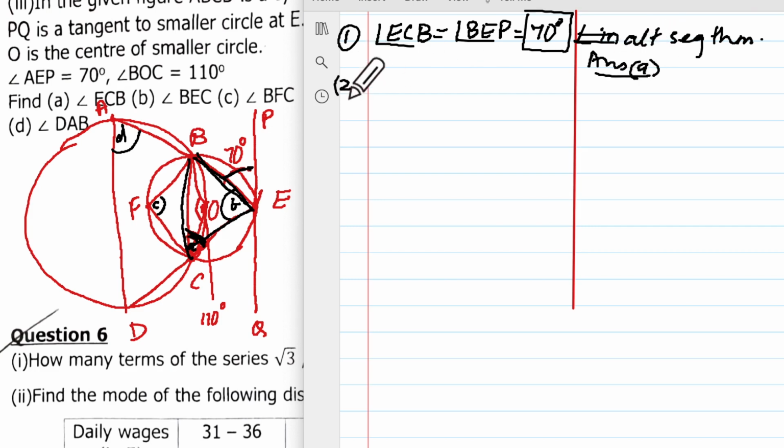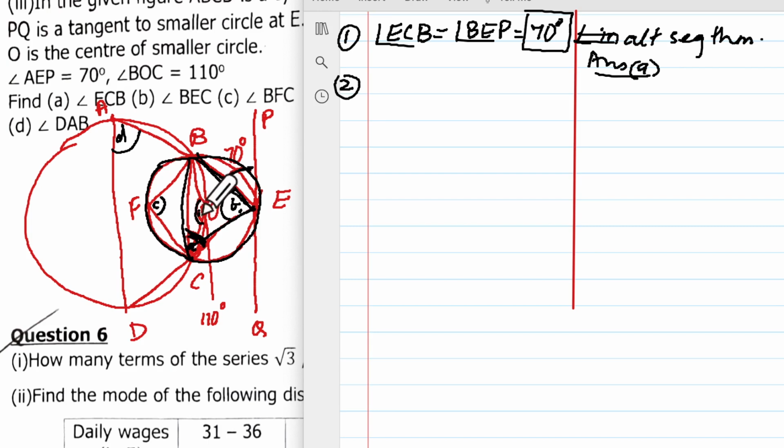We come to the second one. They want B means this. Now this B, can you see in this circle? Can you spot in this circle? This angle B is angle at the circumference, and this is the center O. So this angle and this angle, how are they connected?